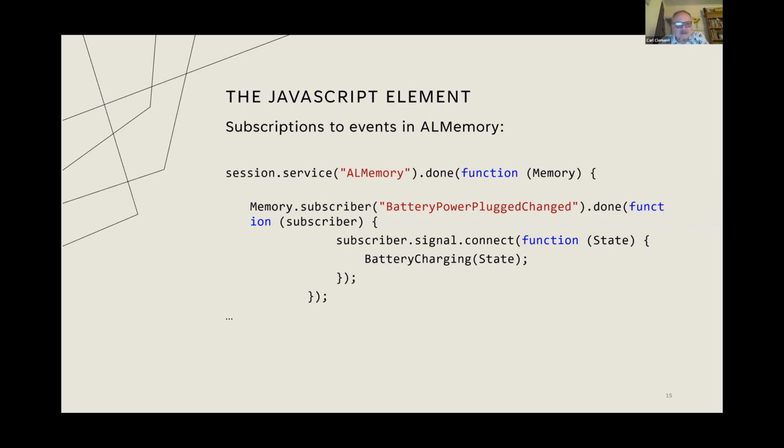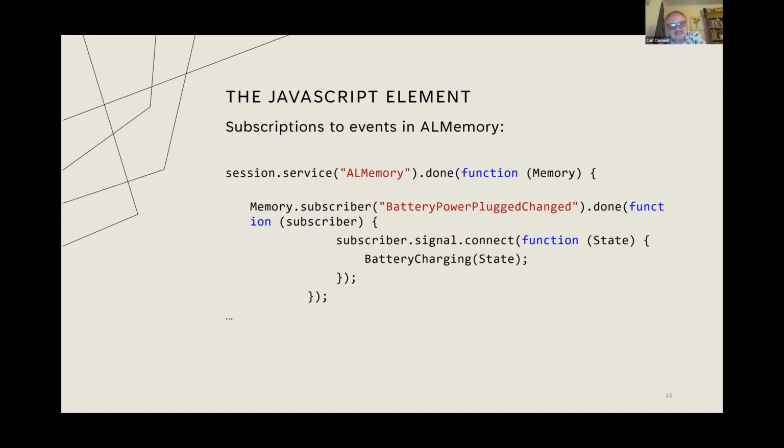Unfortunately, the subscriber signal isn't a really nice, clean one. So they have provided us with this signal connect function that allows us to return a more usable variable from the function call. So what you can see here is I subscribe to the function, and it returns me a subscriber object.